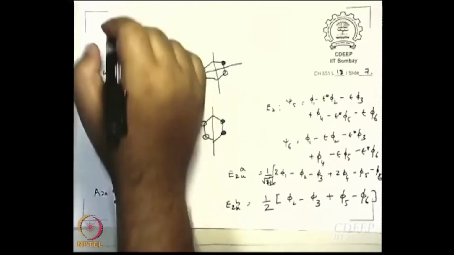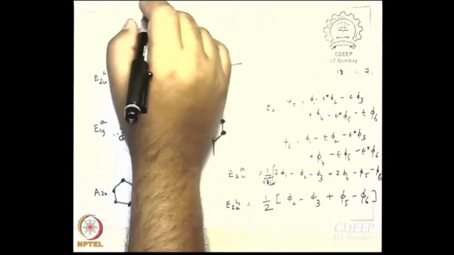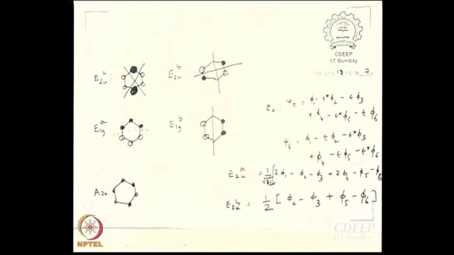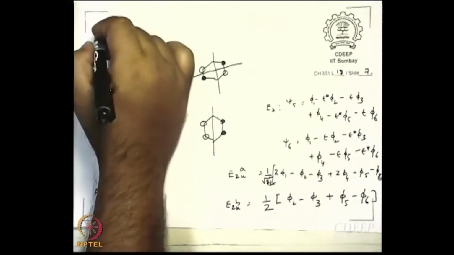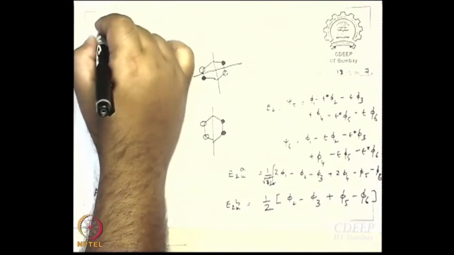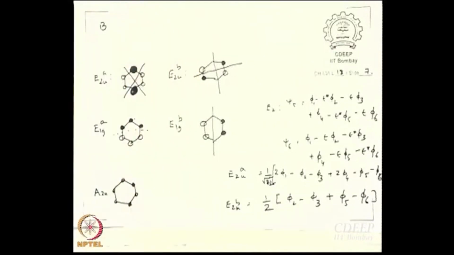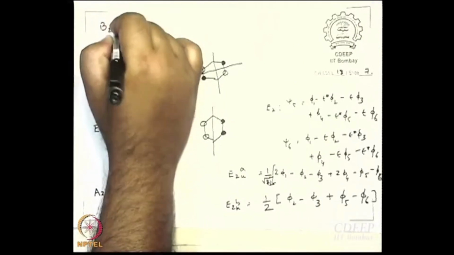Okay, and let me just draw the last one also. What is it that we had worked out already? What is the symmetry species in D6h point group? B2g.